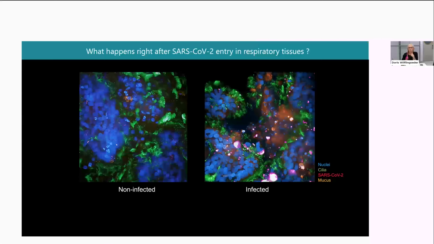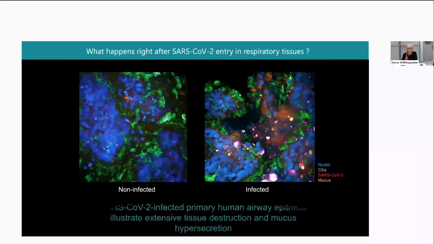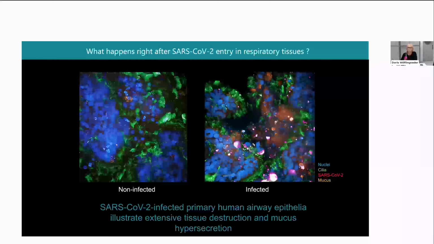On the left-hand side you can see a non-infected tissue, on the right-hand side a SARS-CoV-2 infected tissue. The infected primary human airway epithelia showed an extensive tissue destruction, as can be seen here. We also measured TEER values, which were significantly lower in such infected tissues versus the uninfected.